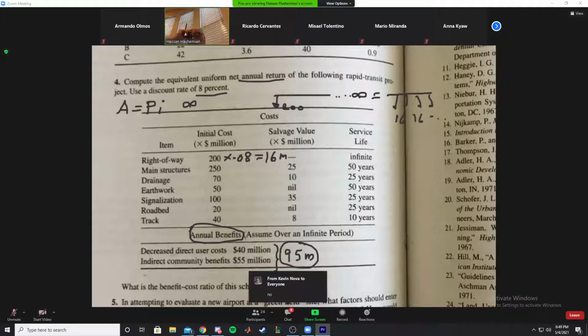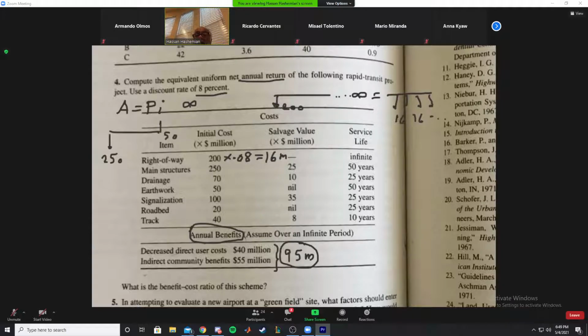All right. Now, how do I make the 250 million main structure annual? On this one, we have 250 million, so 250 here, for 50 years.